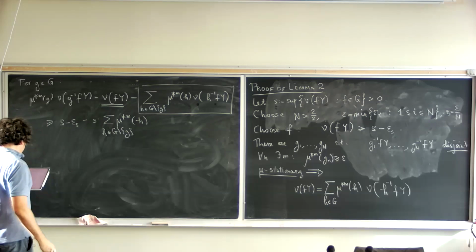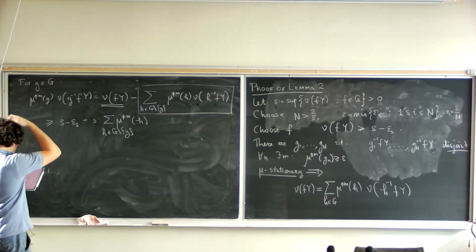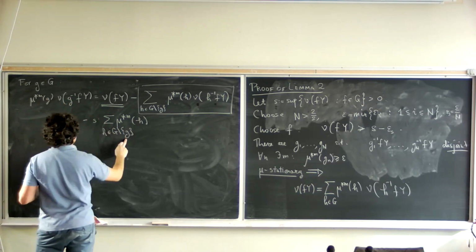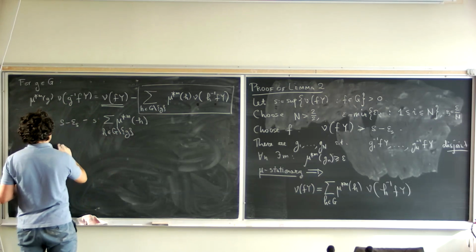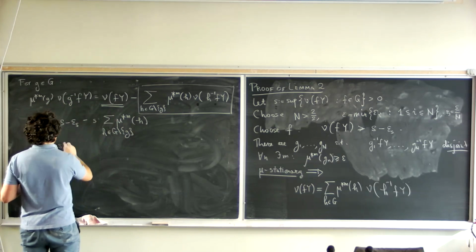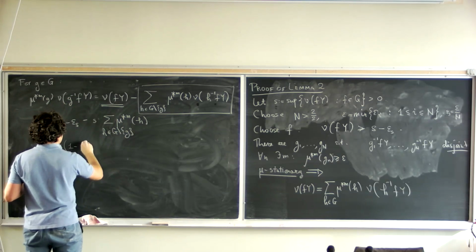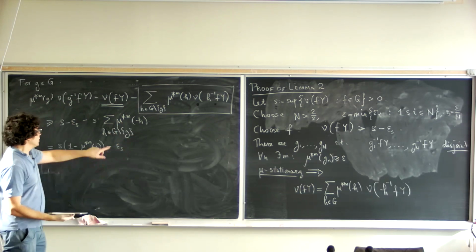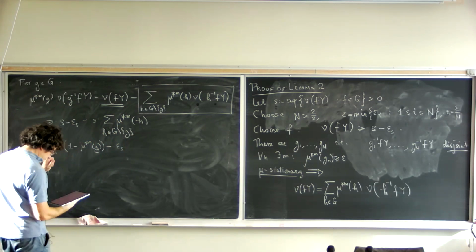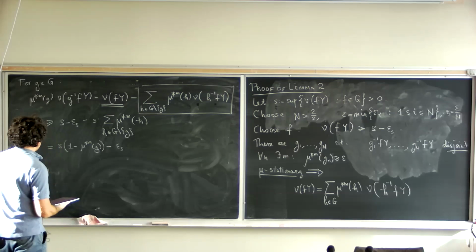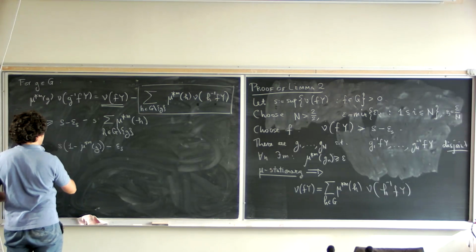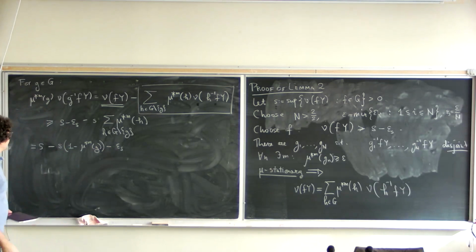And the sum of the measures is 1 minus mu star m of G. So this is S times 1 minus mu star m of G, minus epsilon S. Sorry, there are too many minuses. S is still there, minus.